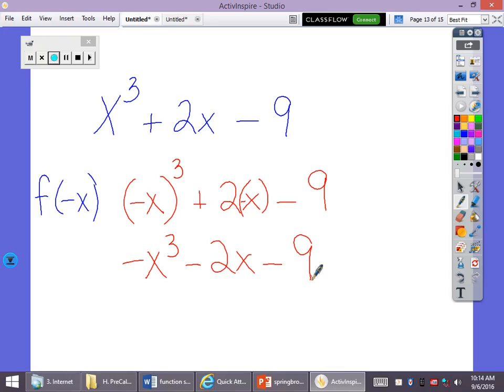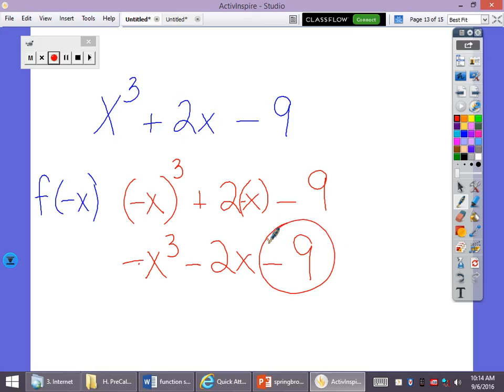Now, I want you to look at the original and look at the bottom. If it is an odd function, then everything would have to flip. Did all of my signs flip? No, this one right here messed me up.